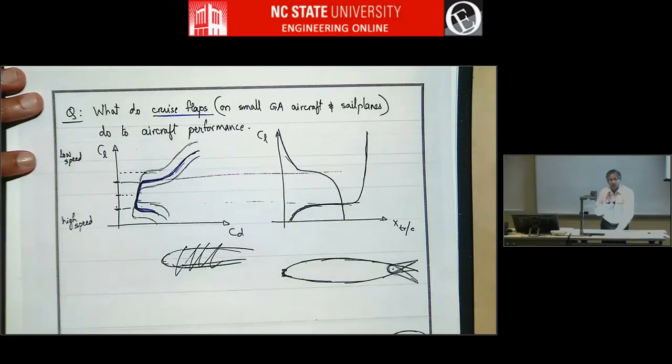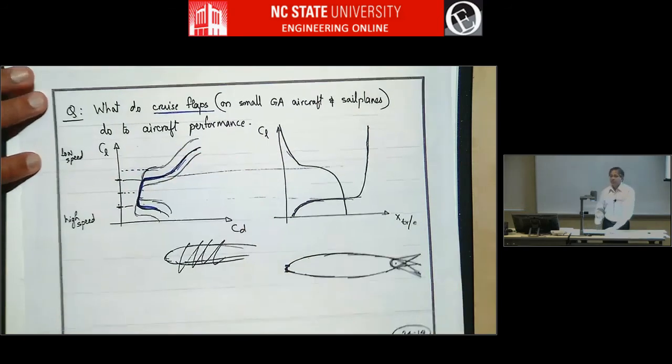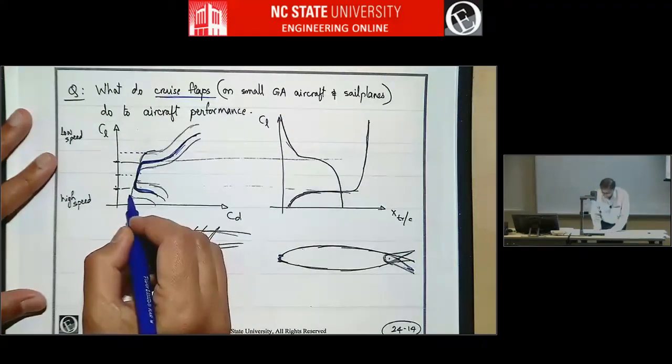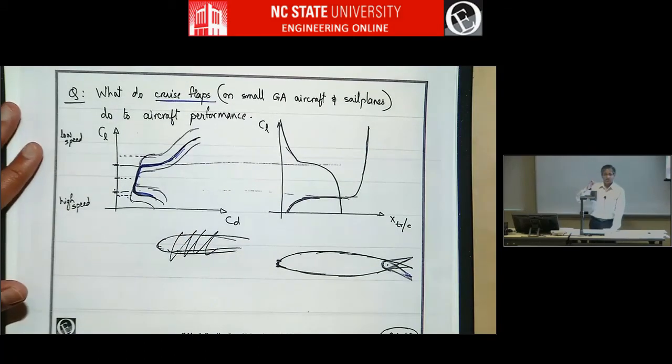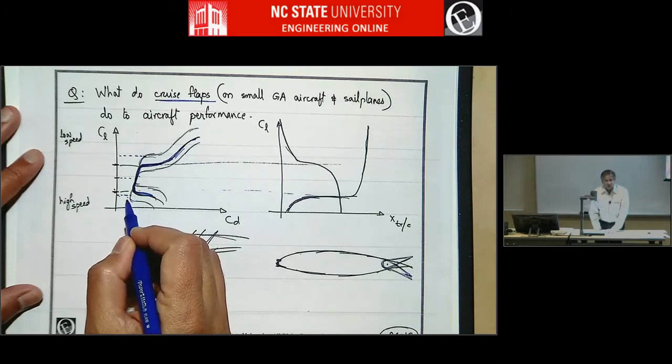So that's when you can use a cruise flap and deflect it maybe 5 degrees down or 2 degrees down. Then you'll move the drag polar up, and you're flying at the higher CL and you're still inside the drag bucket. Likewise, if you want to fly at very high speeds, like maximum level flight speed, or going really fast between thermals, you might fall below the drag bucket, and so you'll start consuming a lot of fuel.